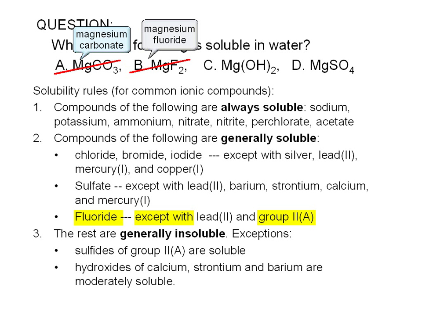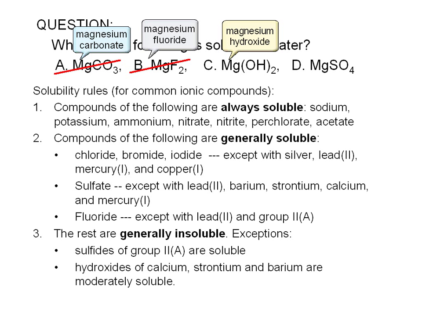Let's examine choice C, magnesium hydroxide. Again, the first rule does not apply. It doesn't say anything about magnesium or hydroxide. The second rule does not apply either, so we go on to the last rule. The compound is soluble unless it is one of the exceptions listed.